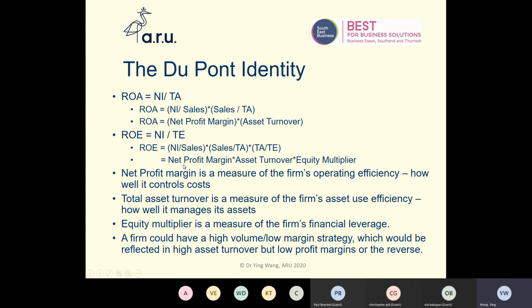So return on equity will give you an idea about the net profit margin of the business, the asset turnover, and the equity multiplier. So this will give you an idea about profitability, about efficiency, about finance. So that one ratio gives you a good idea about the operation of the business.